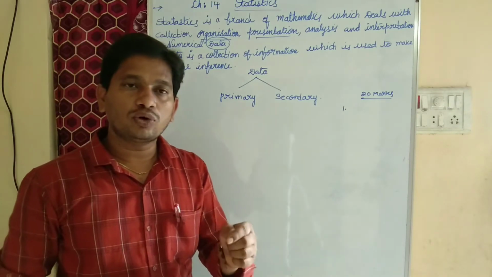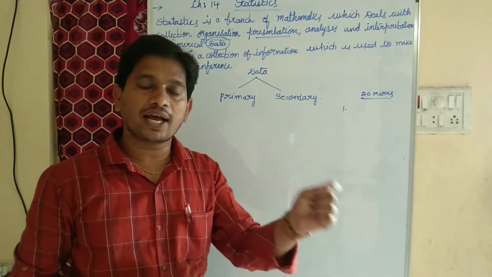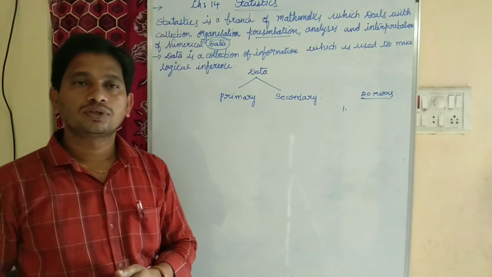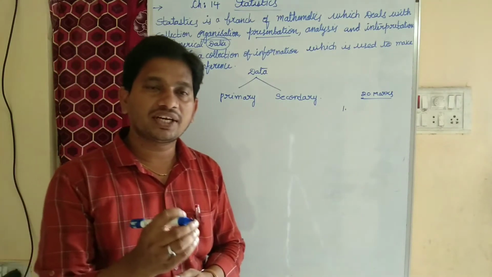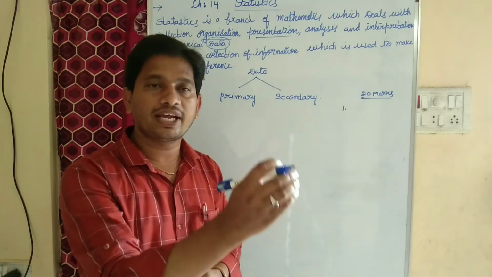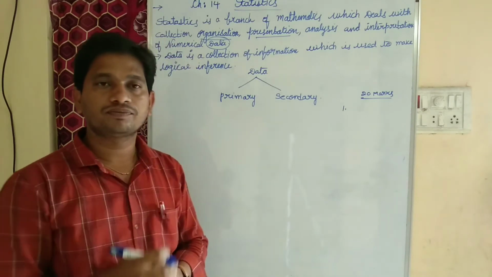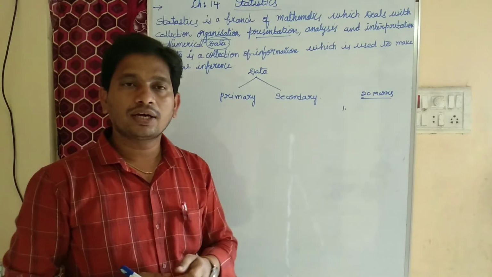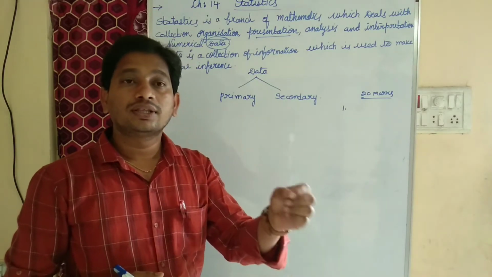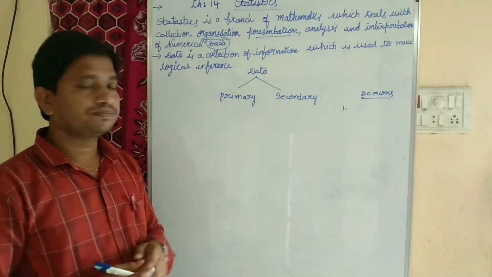Then he will go to individuals and ask the marks obtained by every student. So here the investigator is the class monitor. He will go to each and every student and collect the data. So that data which was collected by the class monitor is called primary data.